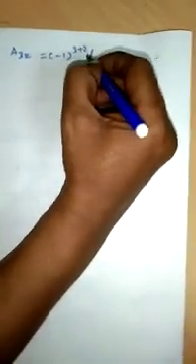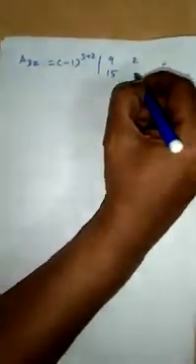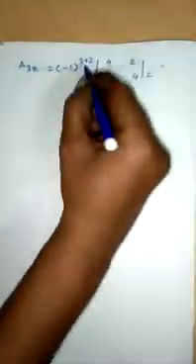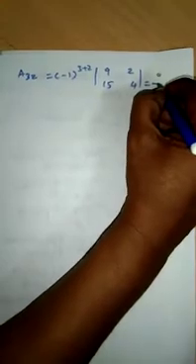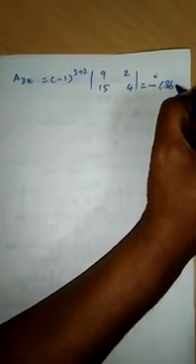A32 is minus 1 power 3 plus 2 and its minor is 9, 2, 15, 4. 3 plus 2 is 5, minus 1 power 5 is minus, cross multiplying we get 36 minus 30, that's equal to minus 6.